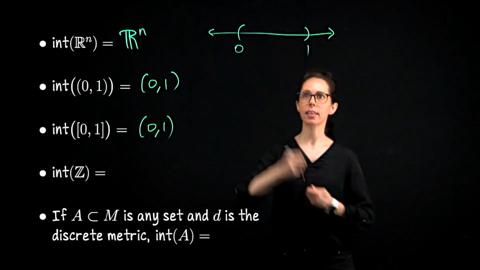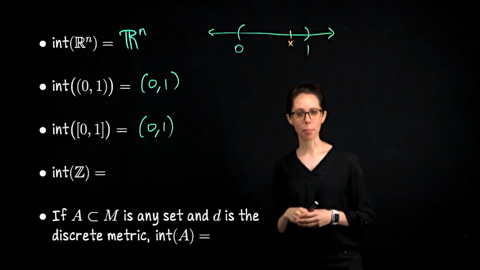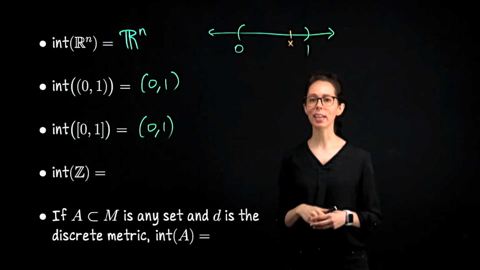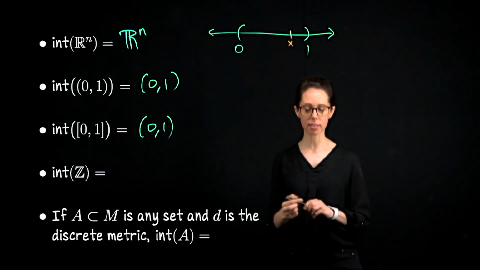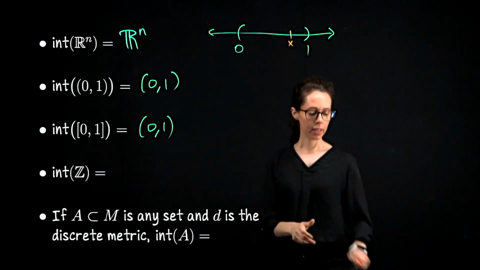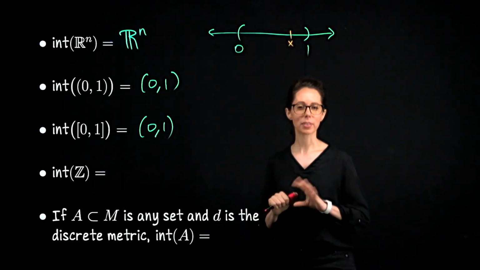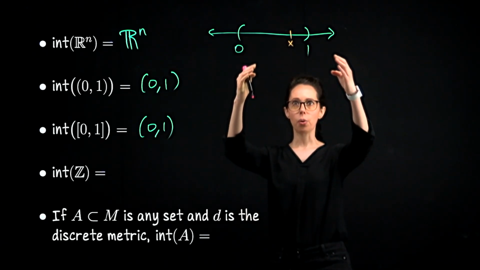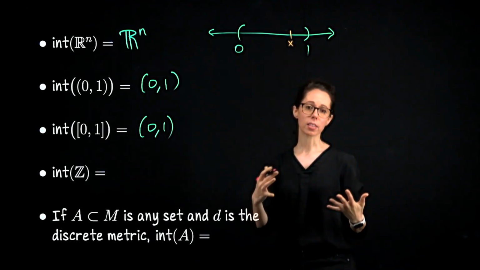Take any X in this set, say this one. I need to establish that there's an open set U containing X, which stays inside of the open interval from 0 to 1. There's a prescriptive way to do this. What you can do is set up an epsilon neighborhood where you say what the radius is. So consider the distances between X and 1 and X and 0. Take the smaller of the two.